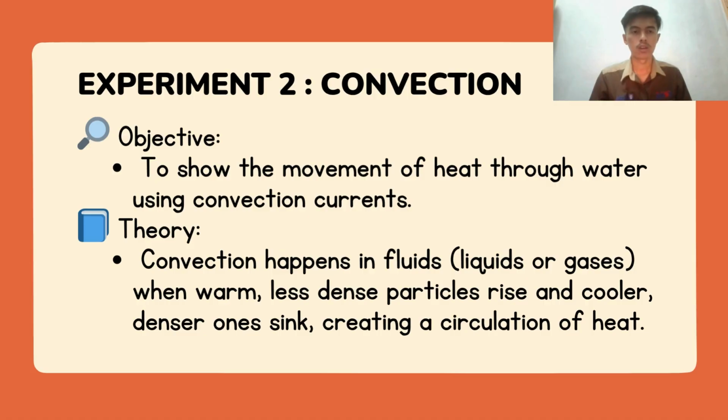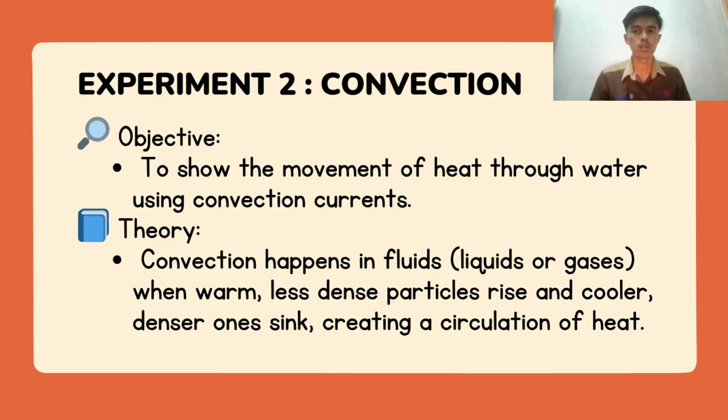So next, the second experiment is the convection experiment. In this experiment, we aim to show how heat is transferred through water using a convection current. When water is heated, warmer molecules become less dense and rise, while the cooler, denser water sinks.